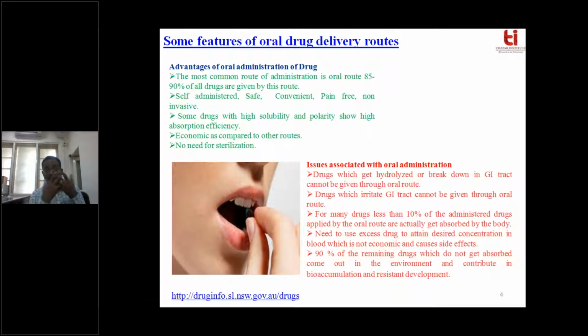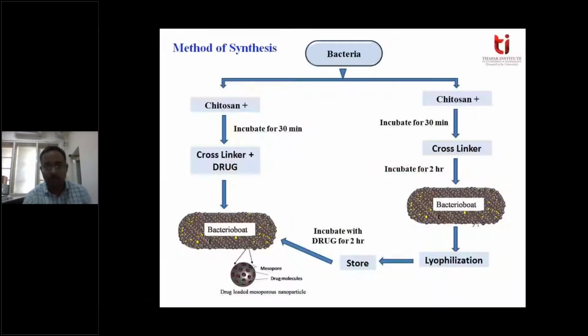If that window does not increase, you might get better absorption because of changed solubility, but you cannot absorb completely. If you can increase the window of absorption, you can get a lot of the drug absorbed into the blood through the oral route, which otherwise is not possible. So that's what we're working on.